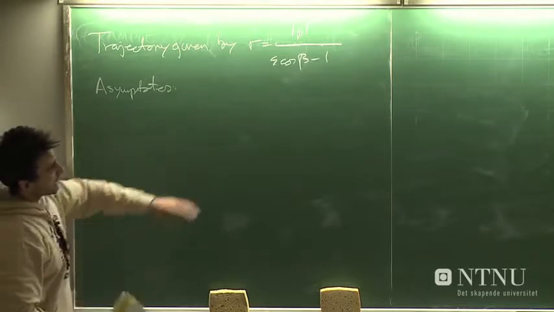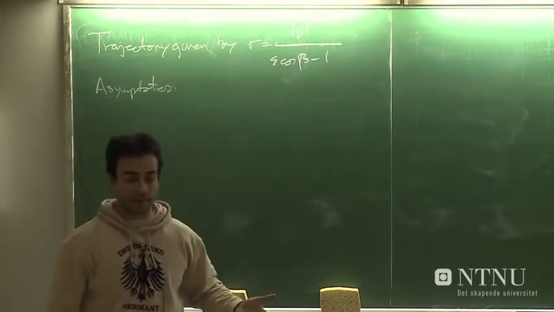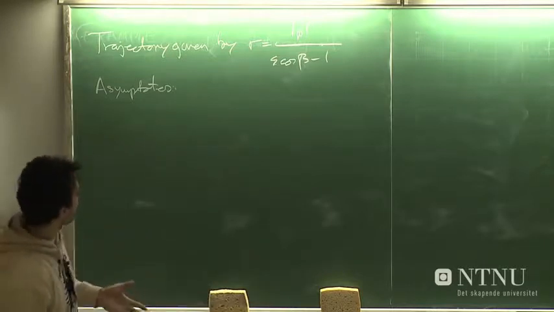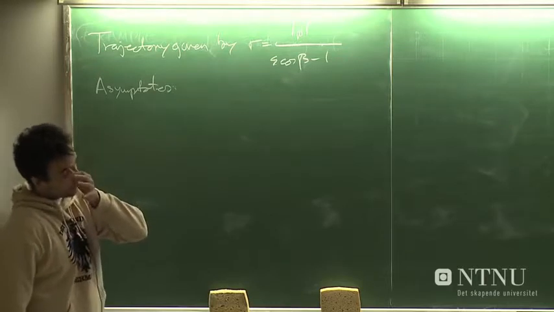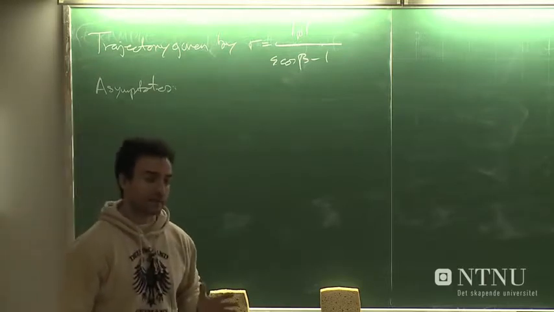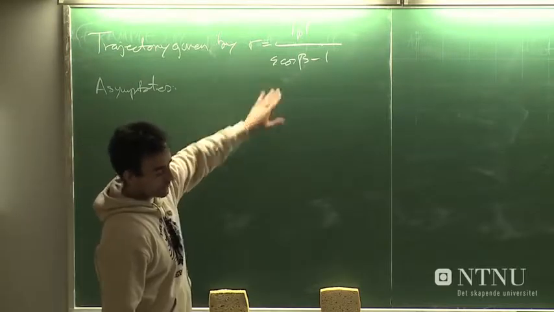So let's try to analyze this equation a little bit to see what the trajectory looks like. And one thing that can be good to start off with is to consider the asymptotes, or the limiting cases for this equation.